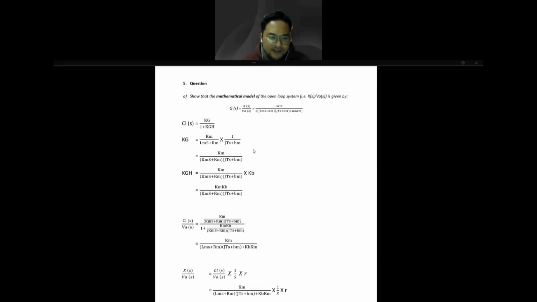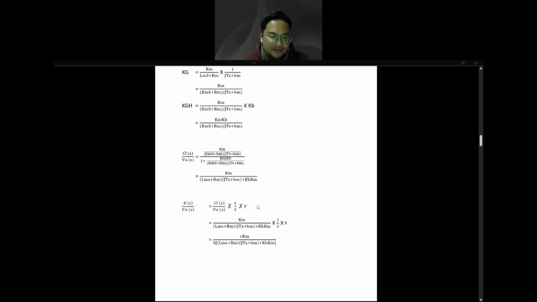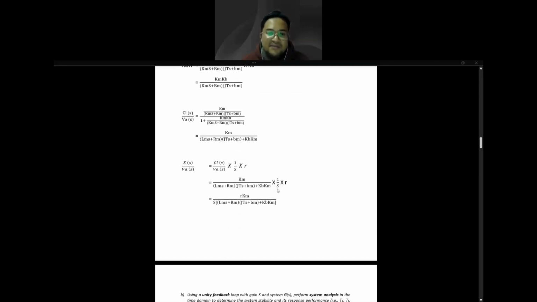The mechanical component defined by total inertia JT and motor damping. The output stage where the angular velocity is integrated to find position and multiplied by the roller radius. By applying the feedback law for the back EMF loop, we can mathematically prove that the transfer function matches the model provided in our assignment.